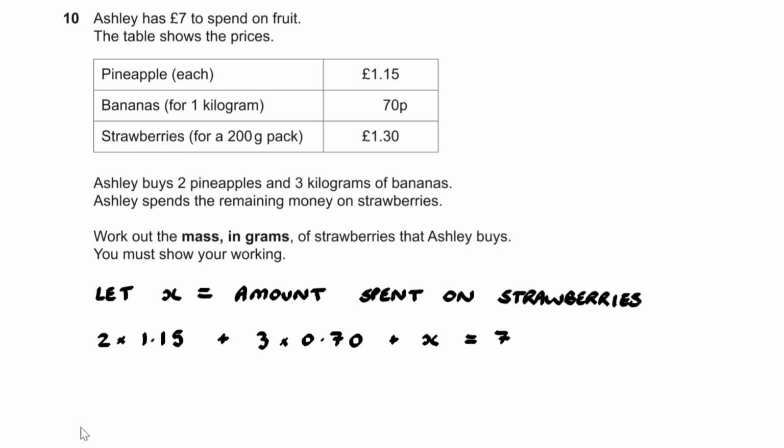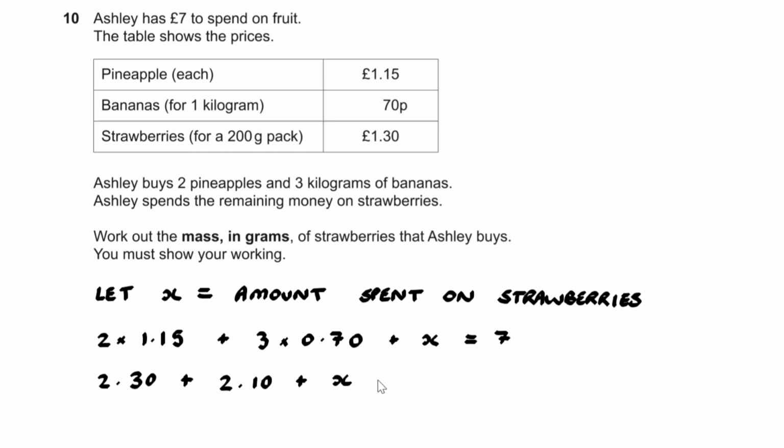So 2 times 115, that's 230. 3 times 0.70, that's 210.